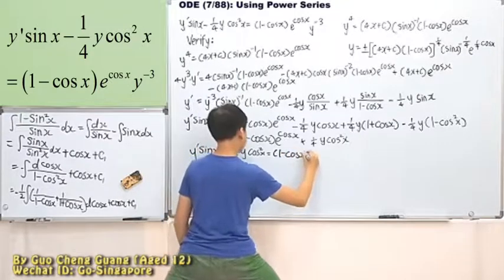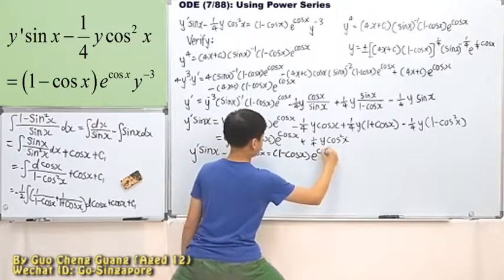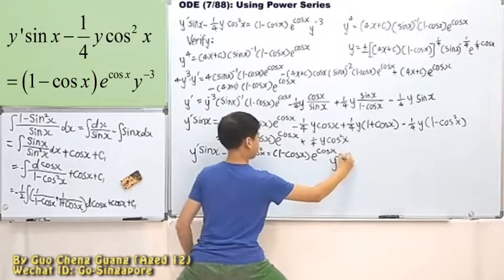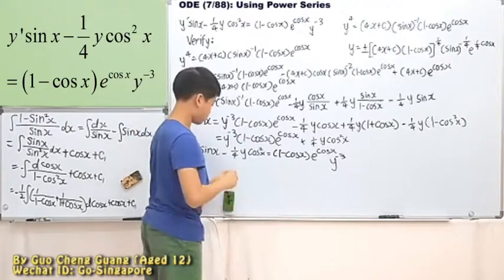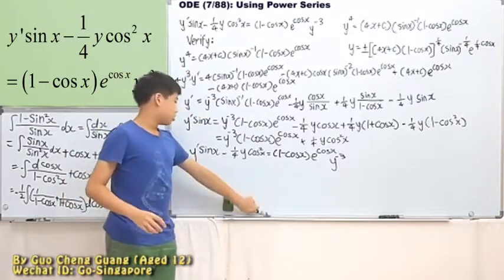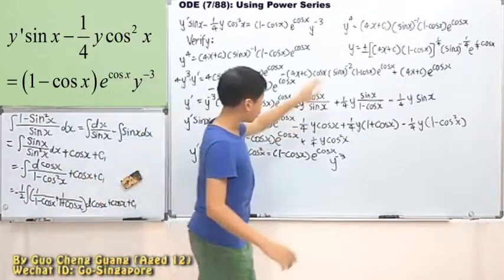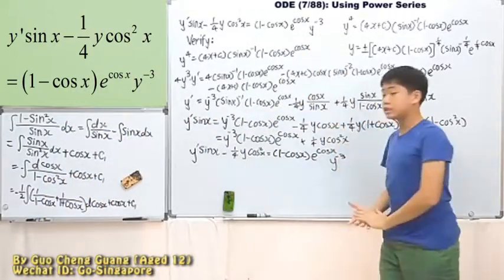But to be perfectly the same, we can write it in this order. Okay, so this is what you get. So since here these two parts are the same, that means our solution for this part is all right.